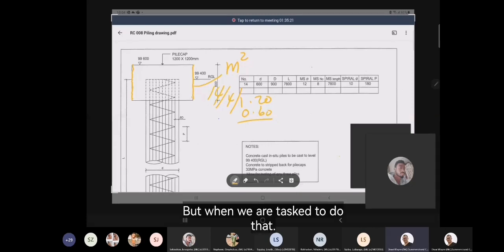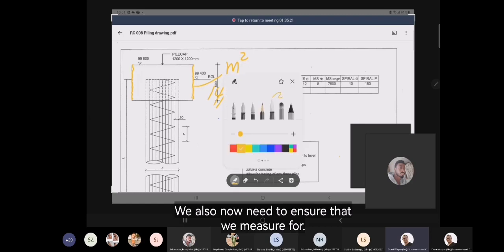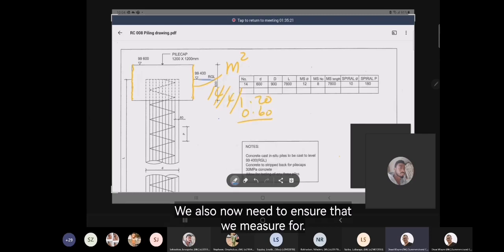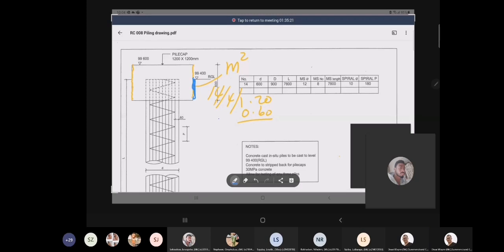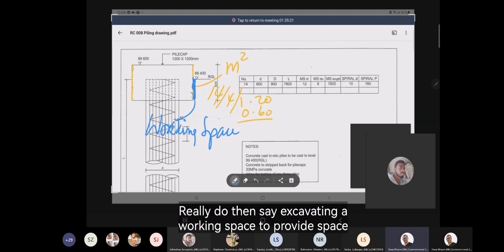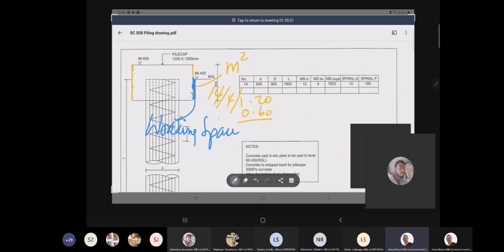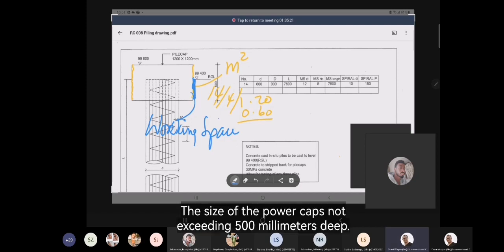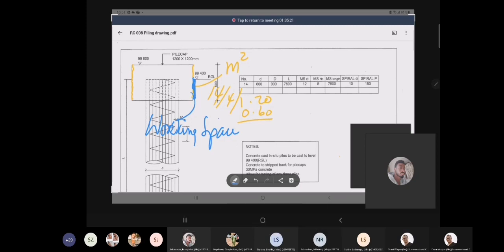But when we are tasked to do that, we also now need to ensure that we measure for working space. We do then say excavate in earth for working space to provide space for the formwork to the size of the pile caps not exceeding 500 millimeters deep, flush with the excavated surfaces.